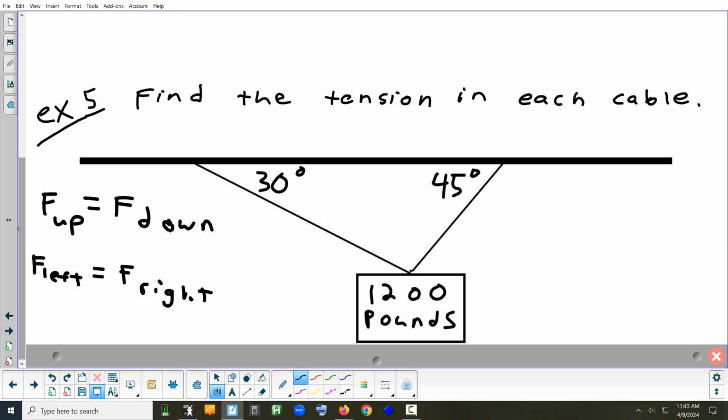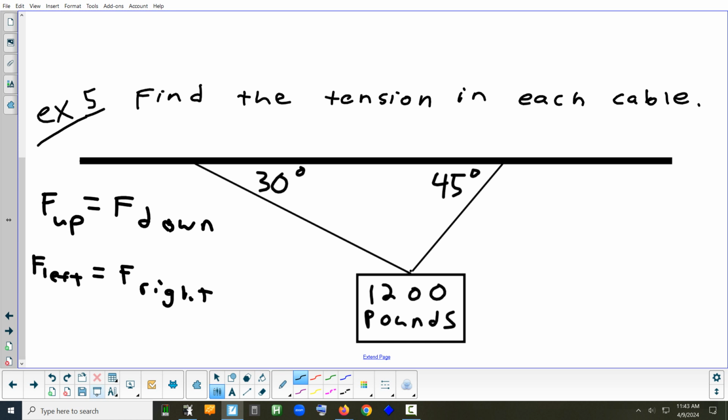How many equations did we just set up? 2. How many things are we going to be solving for? 2. Kind of sounds like a system of equations. You're going to have 2 equations and 2 variables, so we're either going to do substitution or elimination to eventually solve this. Okay, we've got to set it all up.